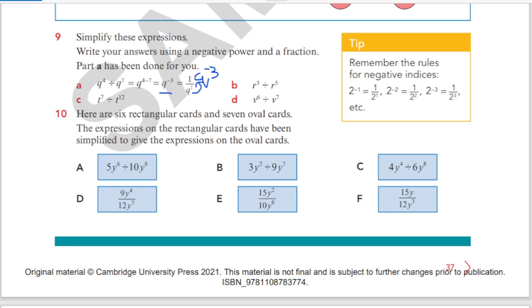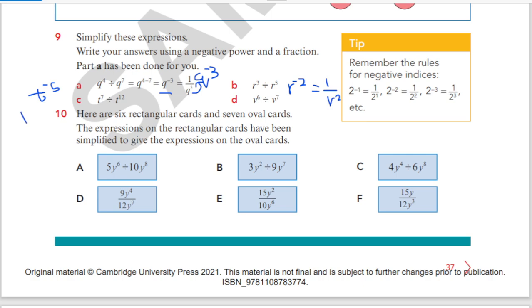So simply to make your power positive, you just switch it, you just take the inverse of it. So 3 minus 5 will be minus 2 in negative form, and in fraction form you will write 1 over r power 2. In part C, t power 7 minus 12 will be minus 5 in negative power form.